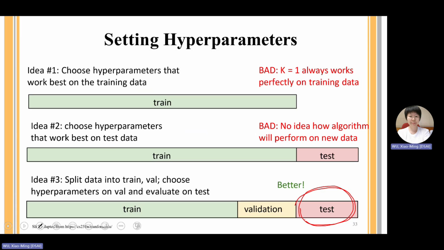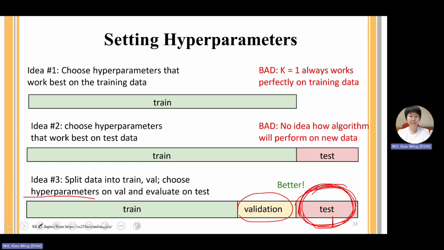Reserve a set of test data for unbiased estimation. When we say unbiased, we mean we have never seen the test data. The test data is never used for training or other validation purposes. Okay? In order to choose the hyperparameters, we need a validation set.